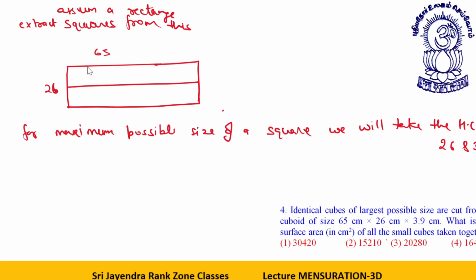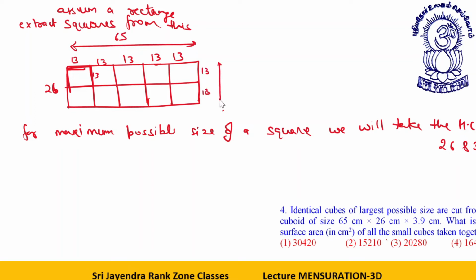It will be like this. This is 13, this is 13, like a 13 by 13 square. Getting it, dear students? 13 five times will give you 65, and 13 twice will give you 26.